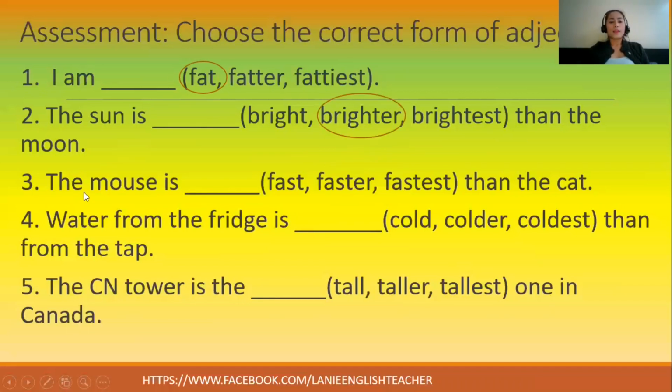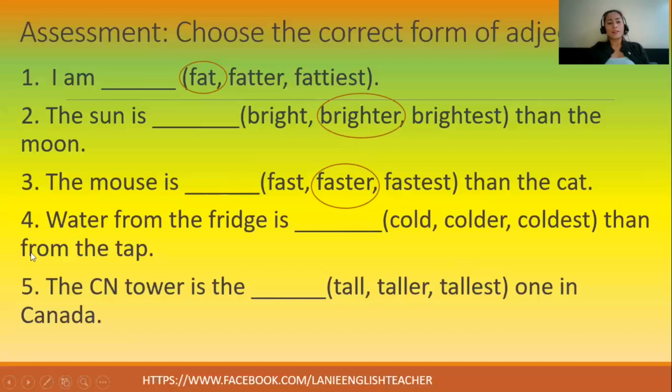Number 3, the mouse is blank than the cat. Mouse is compared to cat. So this must be in comparative form. So which one is the correct answer? Fast, faster, fastest. Which one is in comparative form here? Faster.